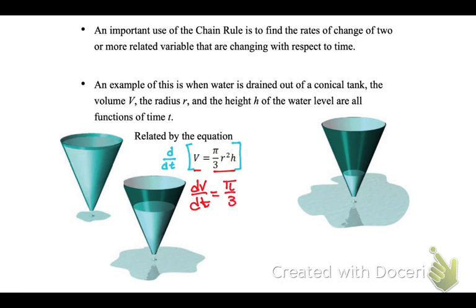You guys good with that? Then I would have 2rh dr/dt plus r squared dh/dt.